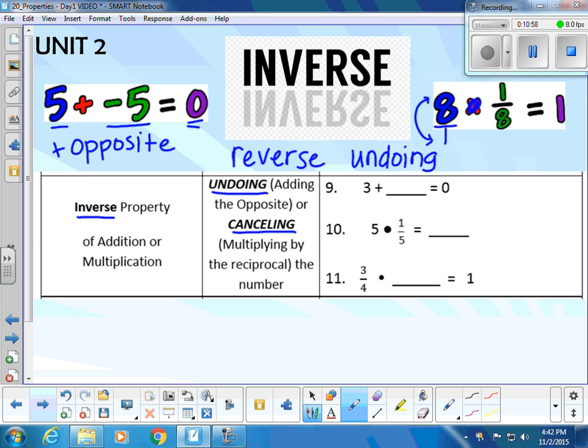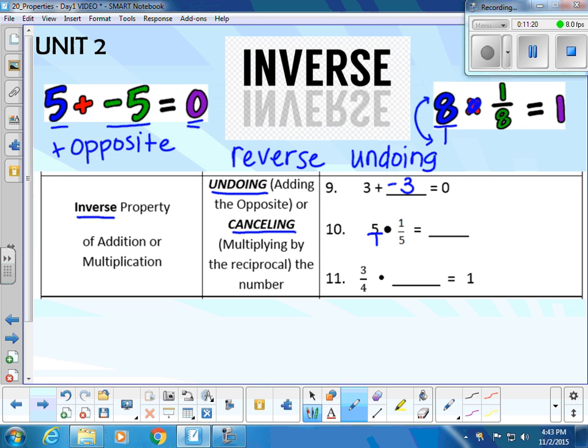We never get to 0 when we're multiplying, but when we end up with a 1, anything that we multiply by the 1 stays the same. So if we look at number 9, we have a positive 3, and what would we add to it to undo that positive 3? We would add a negative 3 because that's its inverse.